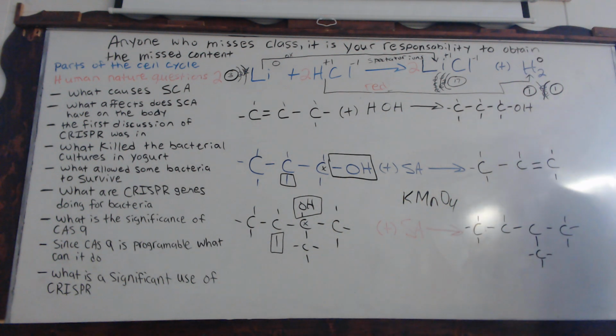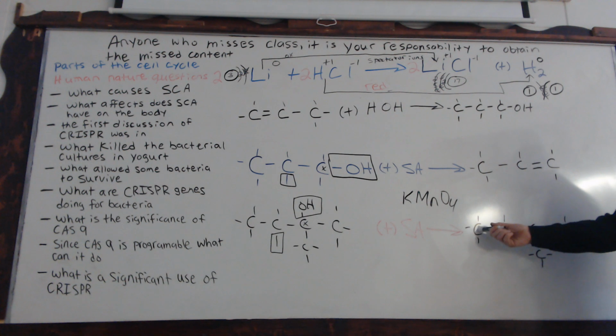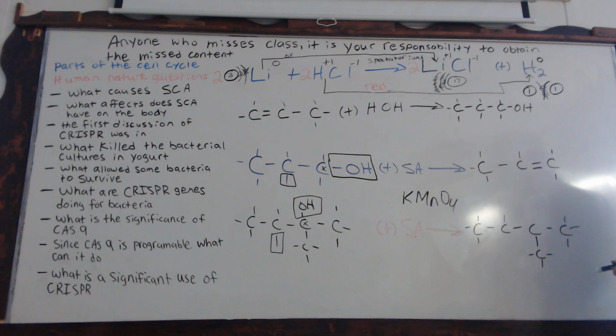Then the last thing that we need to do is count bonds for each carbon. This one has 4. This one's got 4. What about this one? And what about this one? So from prior knowledge, from what we see up here, we need to fix this carbon because they're short on bonds.